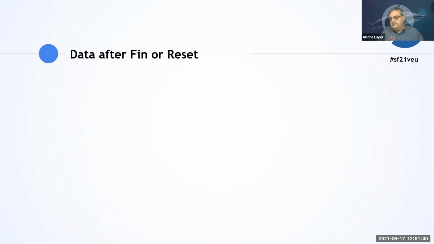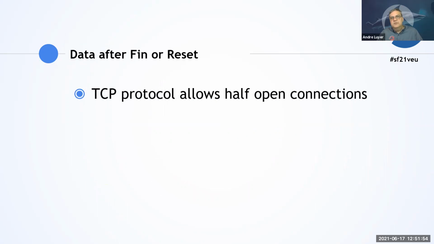Okay, you can do a lot of processing you can think of. One that most people don't think of is called data after TCP FIN or reset. The TCP protocol itself allows you to have a half-open connection, meaning you can send a TCP FIN, then you can no longer send data, but you can still receive it, and vice versa.